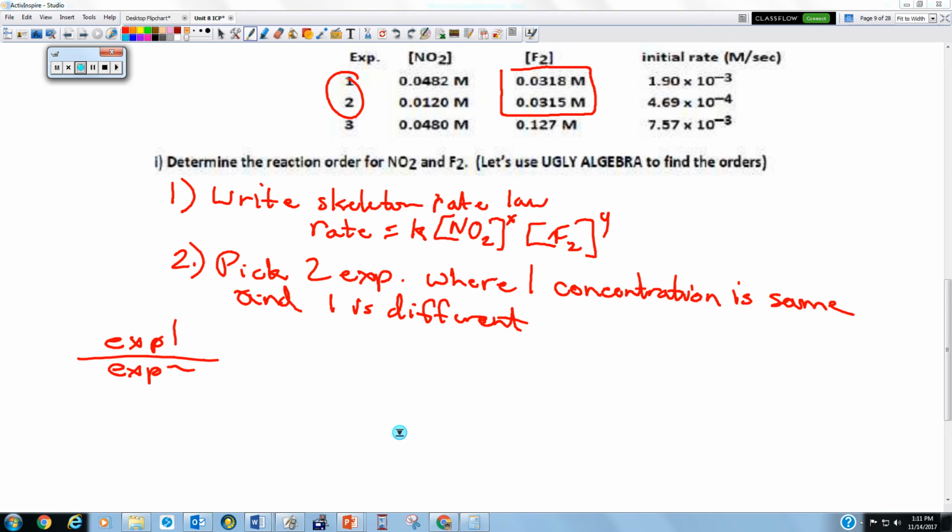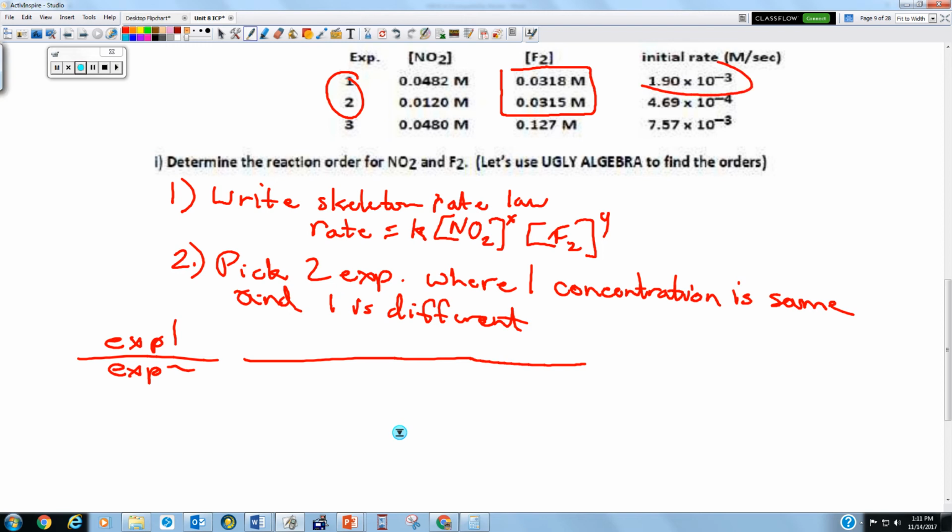All right, getting back to this, what we're going to do is solve for x and y based off of the information that we have. Basically you're just going to plug in the numbers for the rate law based off of what you have. So for experiment 1, we're putting experiment 1 on top.